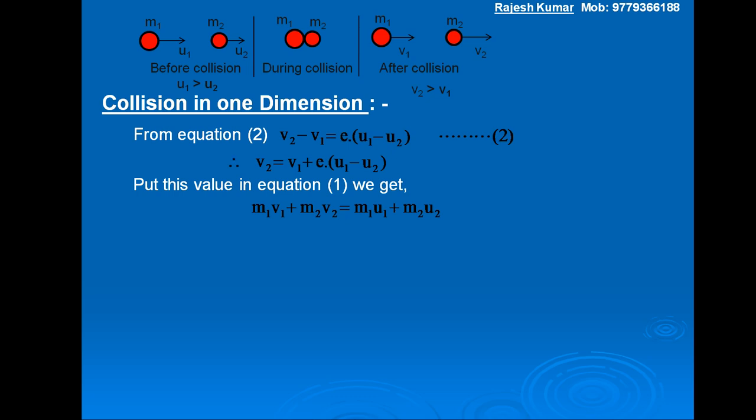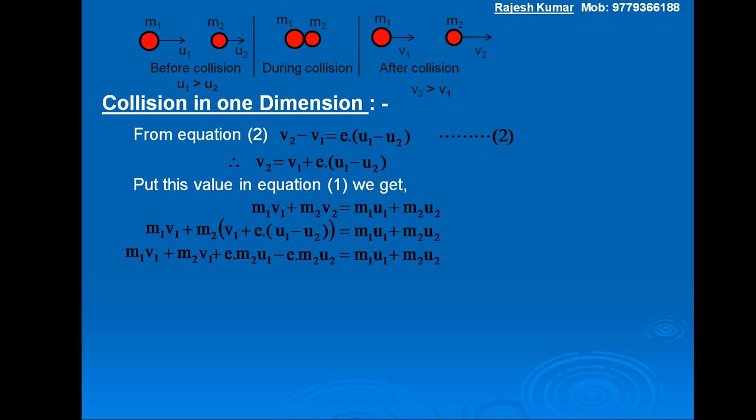So we get m1 v1 plus m2 into (v1 plus E into (u1 minus u2)) is equal to m1 u1 plus m2 u2. On the left hand side, opening the bracket, we get m1 v1 plus m2 v1 plus E into m2 u1 minus E into m2 u2. This is equal to m1 u1 plus m2 u2.